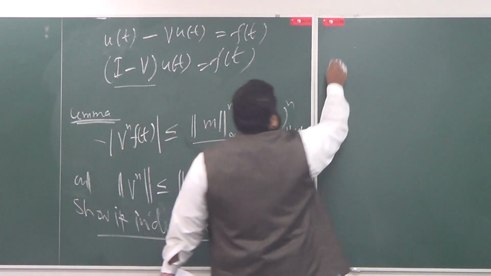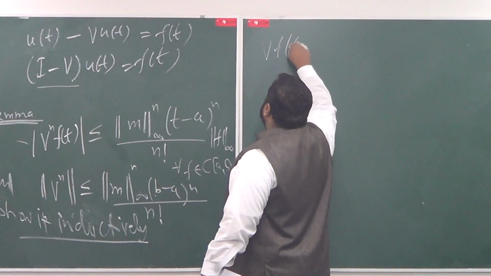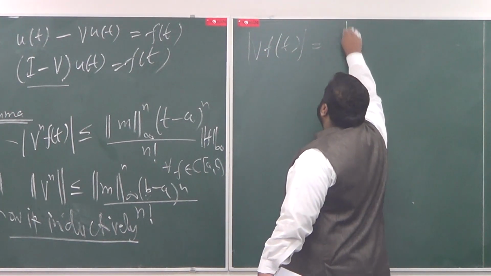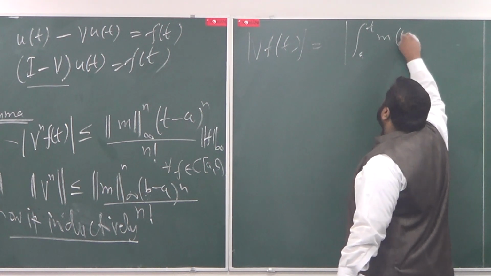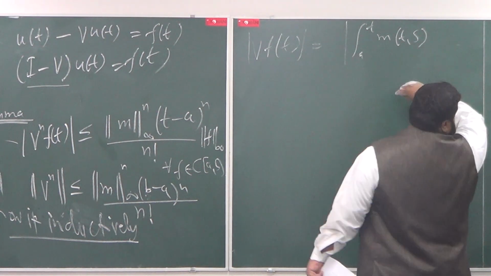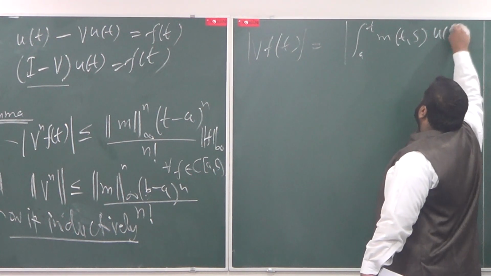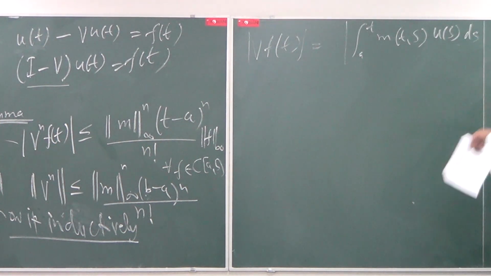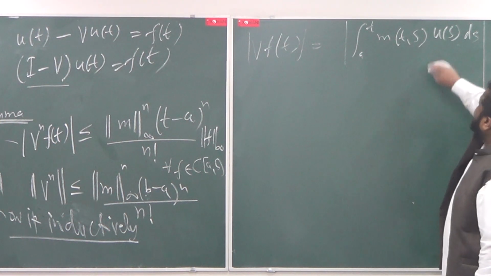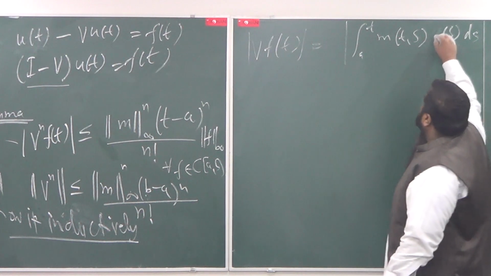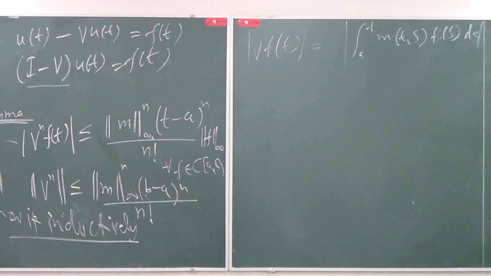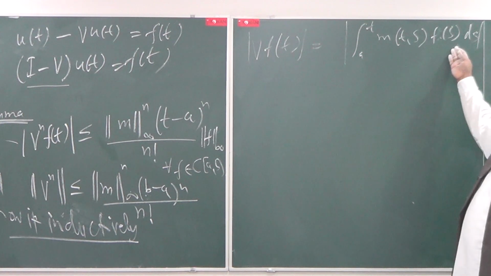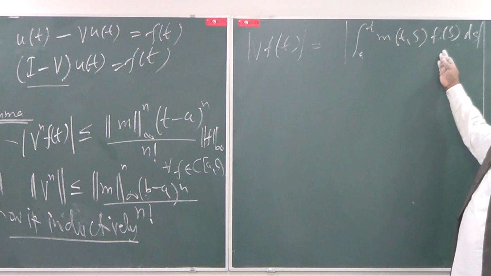At least for one power it's pretty simple: if you take the integral of u(s) ds, f(s) ds, then you can get less than or equal to something.